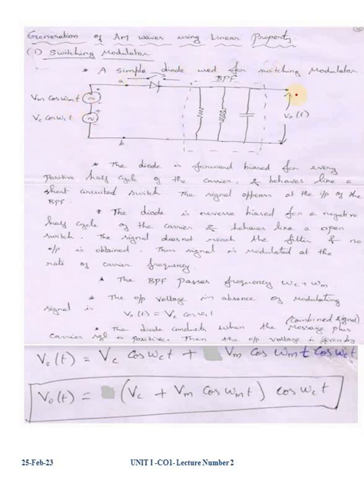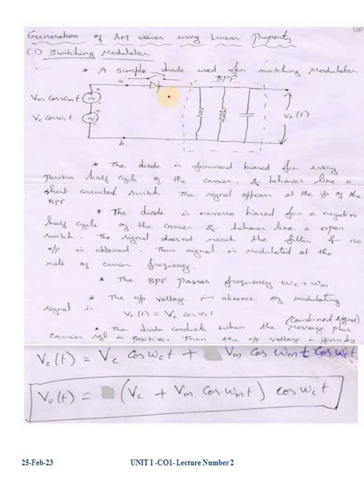This is the circuit diagram of the switching modulator. Here we are giving the modulating signal as well as the carrier signal on the same line. Here we have one diode, and a band pass filter. The function of this diode is: whenever the input signal entering the switch is greater than the threshold voltage level, the switch is on.